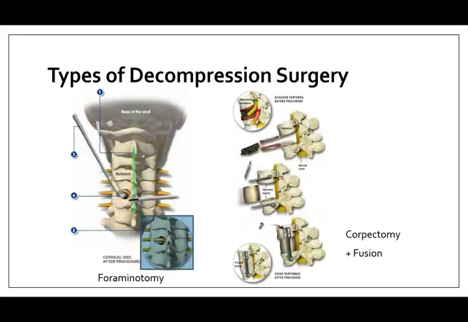A couple more here. A foraminotomy, very similar to the laminotomy. However, this is done with particular care to the foramen, where the nerve roots come out of, to try to relieve pressure at that area. And then there's that corpectomy, and this is a very, very interesting one, where they remove and relieve the disc above and below a spinal segment or vertebrae that they want to relieve pressure from.